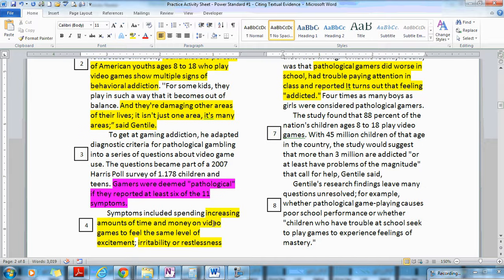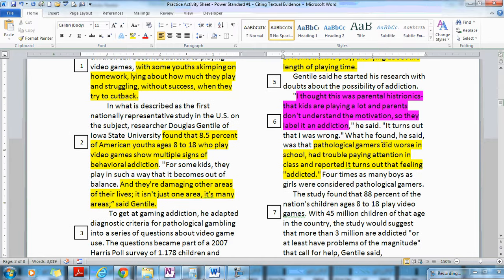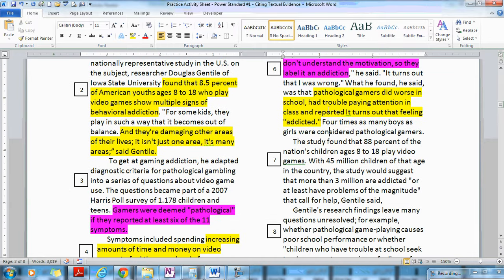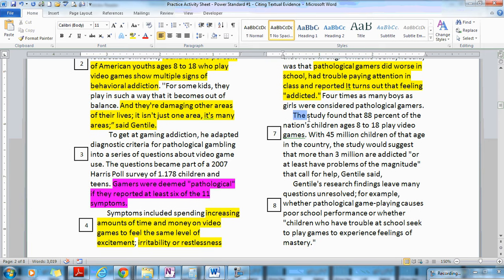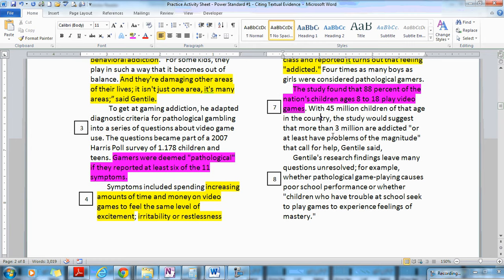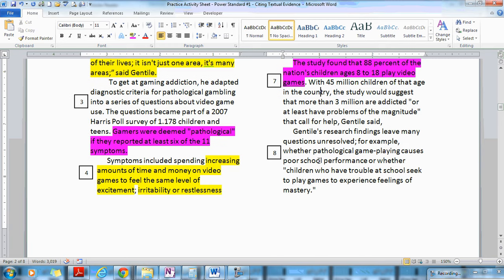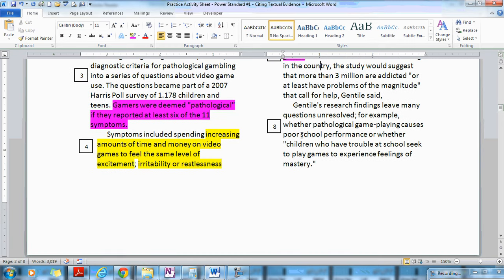As you can see, we have a lot of yellow and a little pink. What about this sentence? That's definitely for the pink. And look at this last paragraph. That may go for the pink category as well.